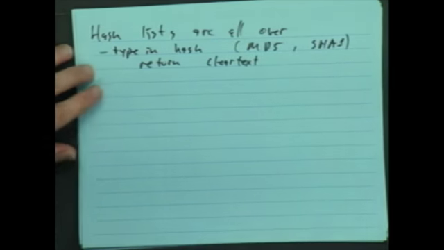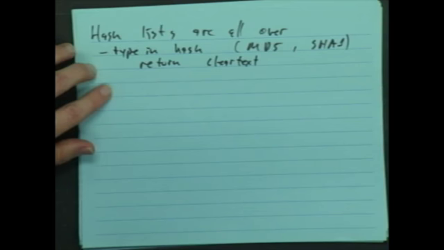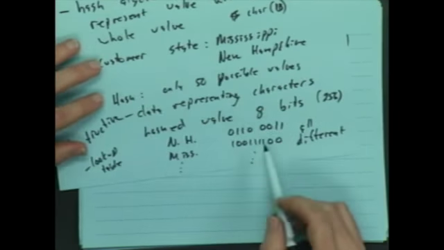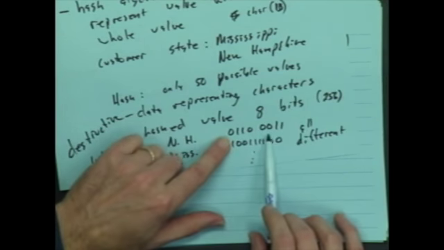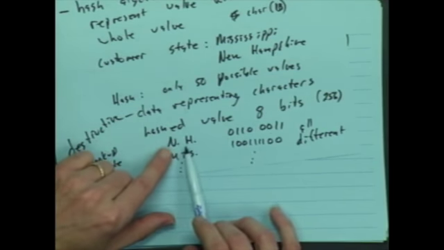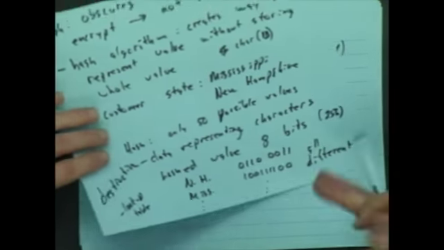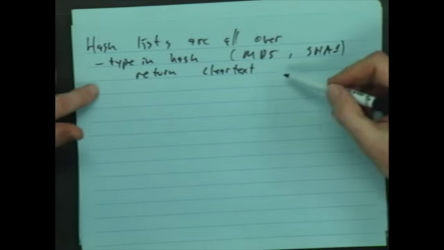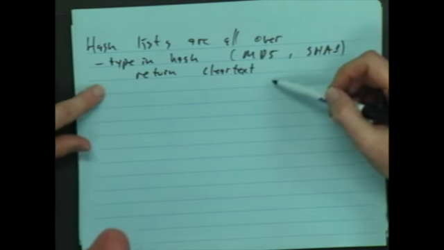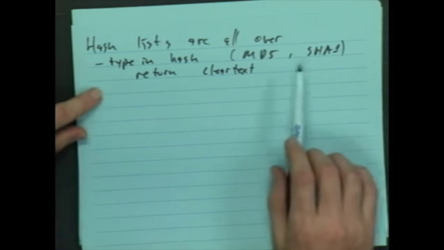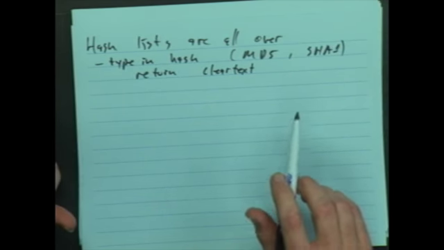It's not really clear text, just a note here. Remember, it's destructive, right? So you would type in a hash, and it would say, you can create that by typing New Hampshire. Does that make sense? It doesn't necessarily mean that was what it was. Let's go with this. It returns the clear text, okay? So this is actually really common, these lists, okay?